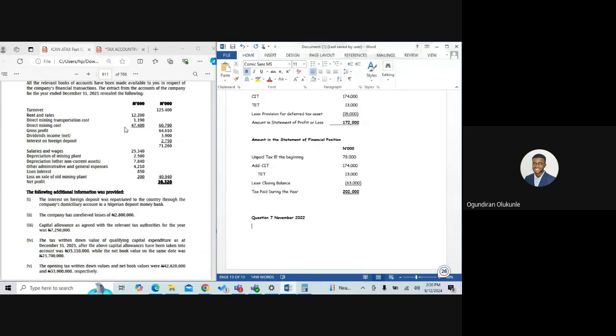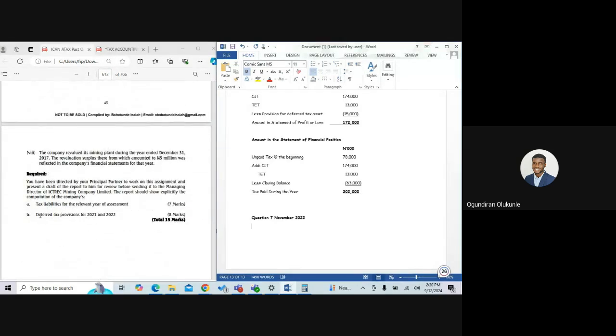Like I said in all the classes, always read the requirement first. Determine the tax liability for the relevant years of assessment. The name of the company is ICT REC Mining Company Limited.